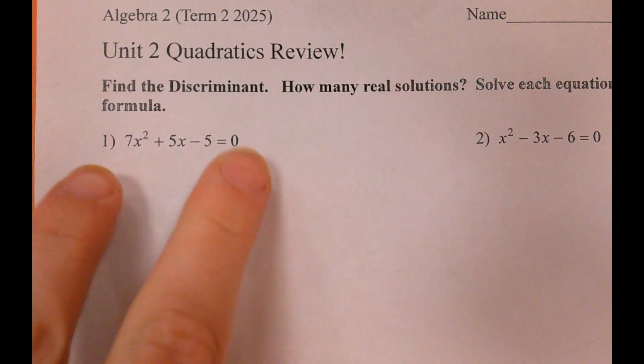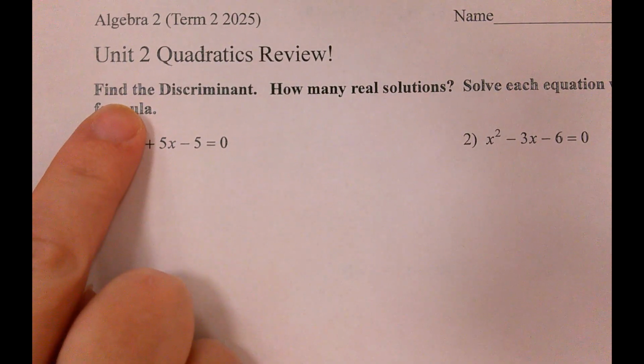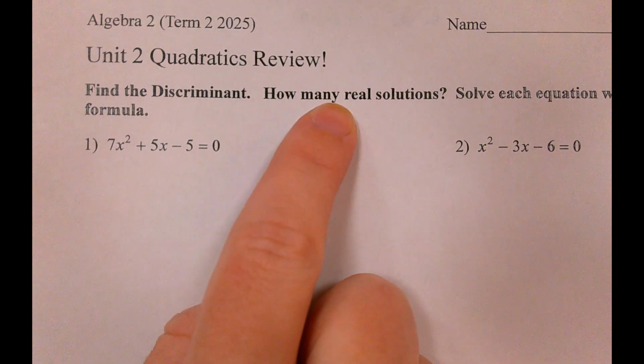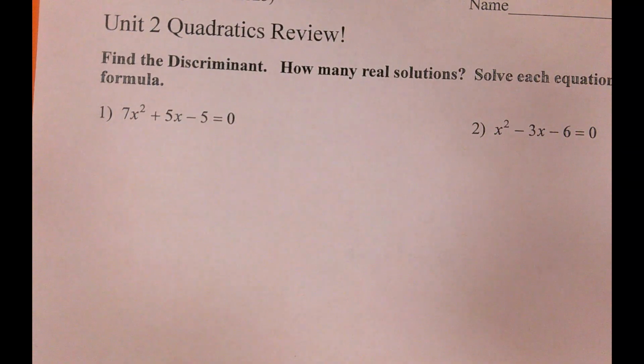The first thing we want to do is find the discriminant. After that, we want to see how many real solutions there are. When we're finding the discriminant, first we want to identify A, B, and C.